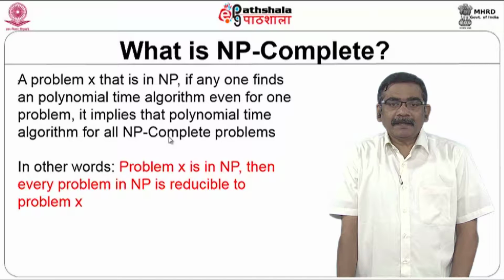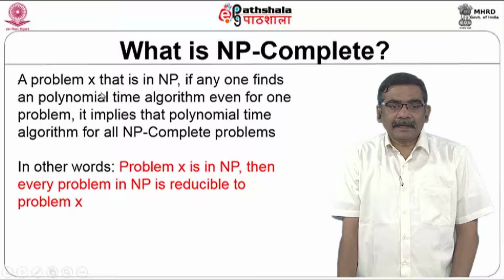Then you have another category called NP-complete problems. What is the difference between NP-hard and NP-complete? Here, complete means it is a complete set of problems where, if there exists a solution for a problem x, then this solution will provide a solution for all the problems under that category.